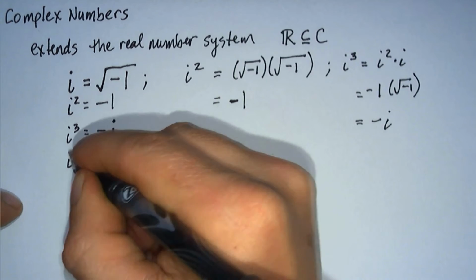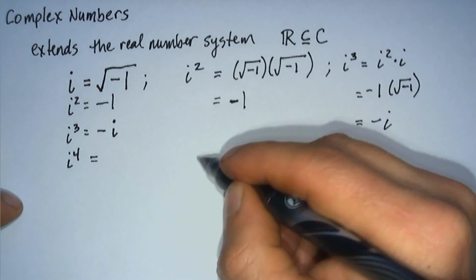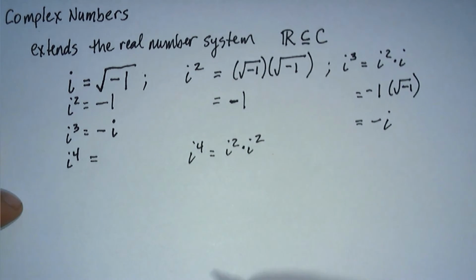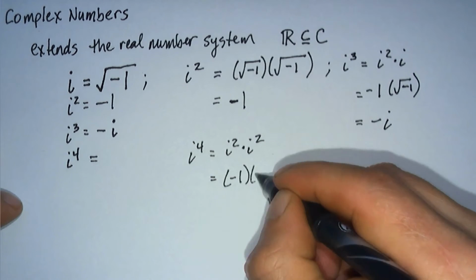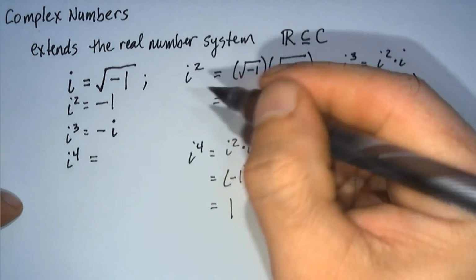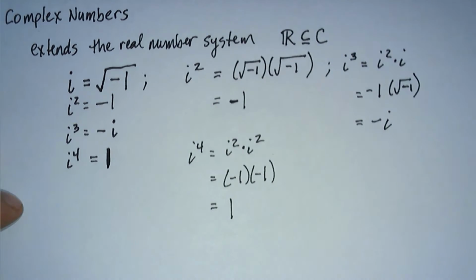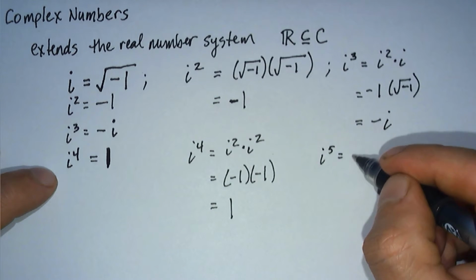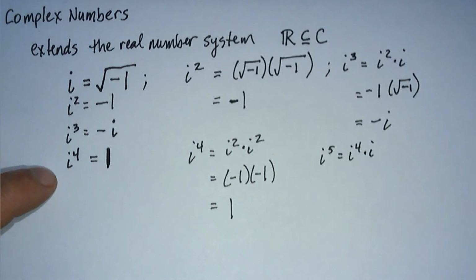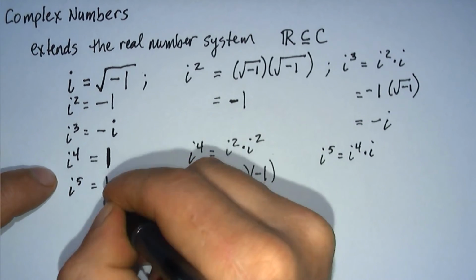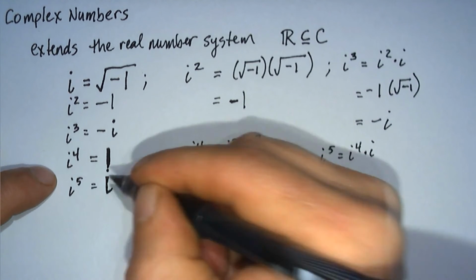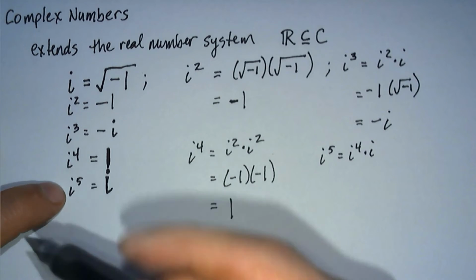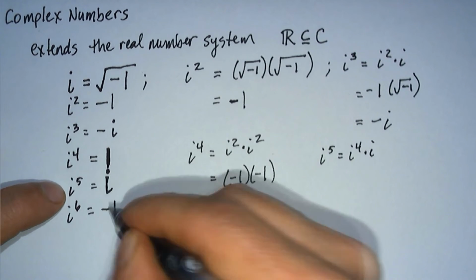And what is i to the fourth? Well, we can write i to the fourth as i squared times i squared, which is -1 times -1, which is +1. So this is +1. All right. So i to the fifth is i to the fourth times i, which is just i. And then i to the sixth is going to be -1.